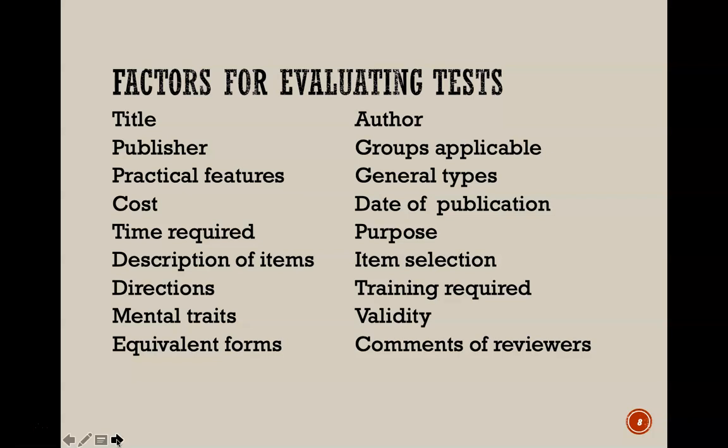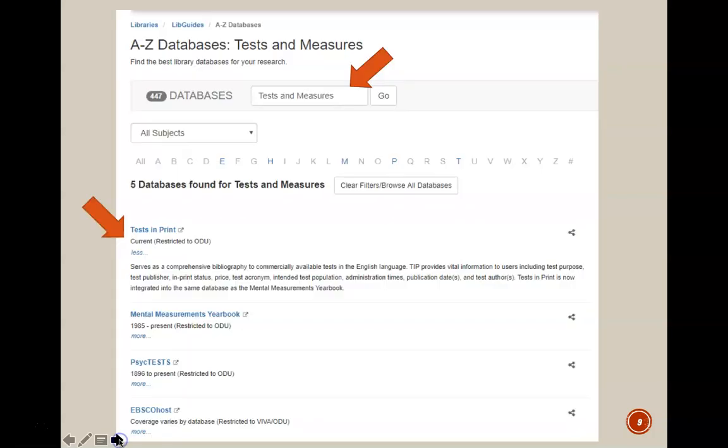Also, you want to check the validity, and a very important thing is most of these tests have a cost or a time that the participant has to invest to take the test. Those are very important because a lot of people don't mind participating, but they don't want something that's going to take them more than 30, 45 minutes, an hour. They start to lose interest at that point.